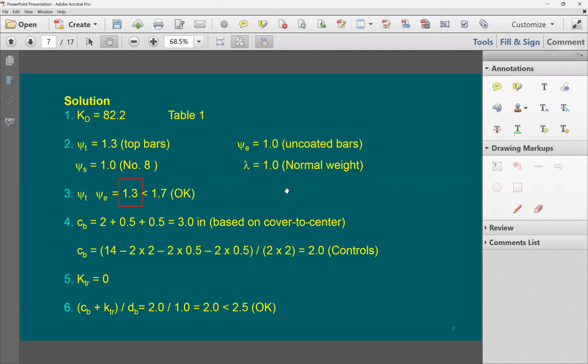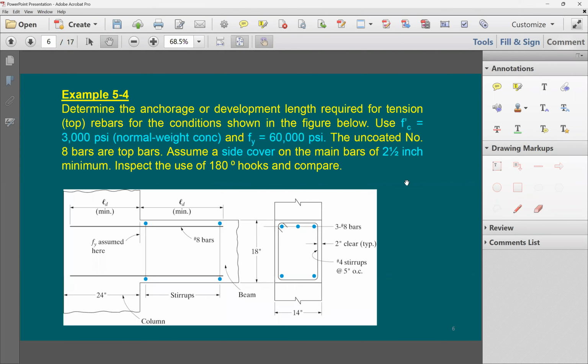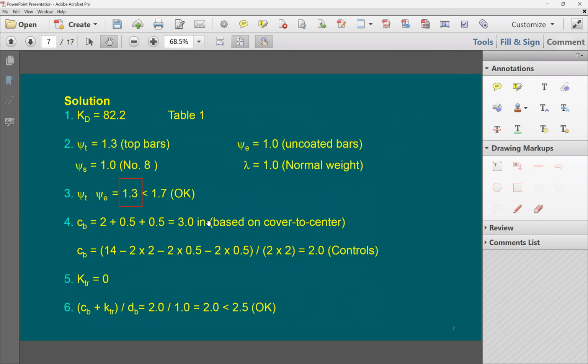Cb here is going to be equal to 2 inches, as given in this exercise, 2 inches, plus number 4 is going to be an additional half an inch, plus half an inch to the center of the rebar. So I'm going to have here 2 plus half is going to be 3 inches. It's going to be the cover to the center.